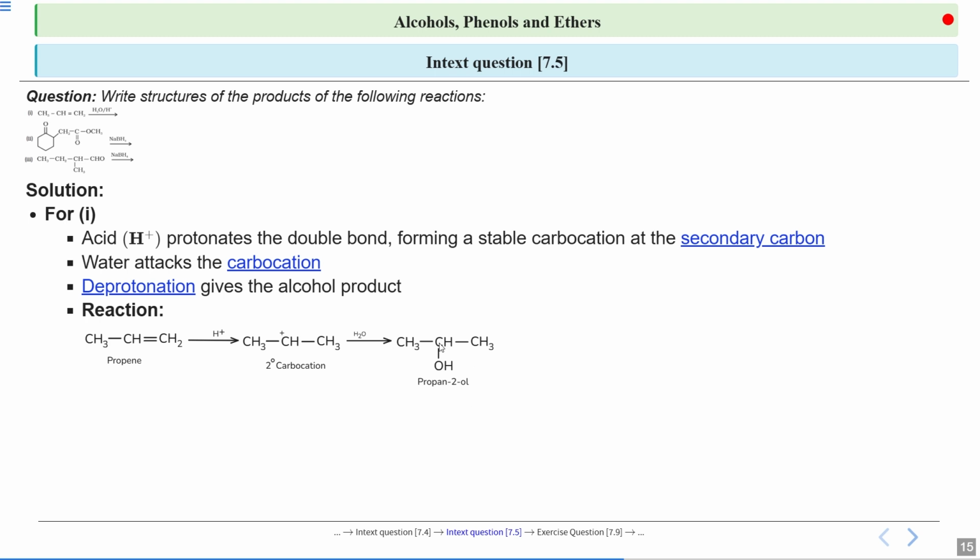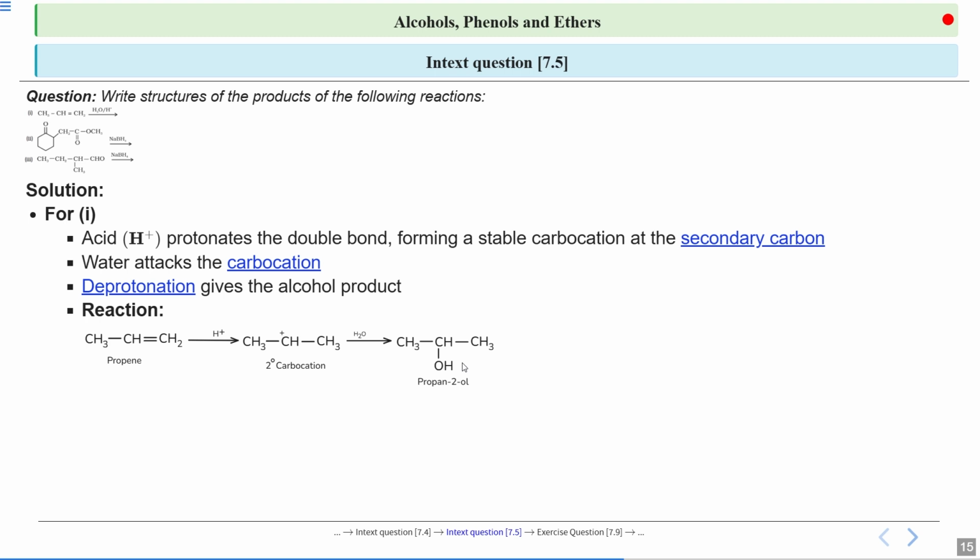Okay. Now see this carbon. To this carbon, your other 2 carbons are attached. So this is a secondary alcohol in this case. This is the longest carbon chain, so the name will be propane 2-ol because at the second carbon, your hydroxyl group is attached.